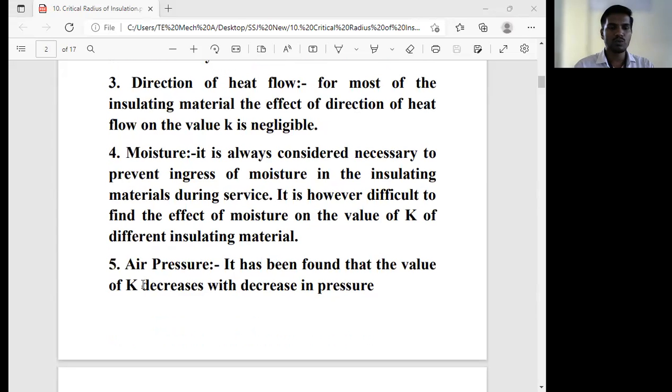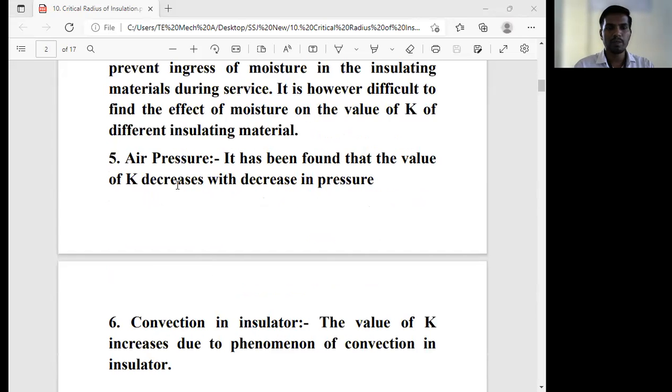And the last one is air pressure. It has been found that the value of K decreases with decrease in pressure. Means if pressure decreases, thermal conductivity also decreases. Then convection. In an insulator, the value of K increases due to the phenomenon of convection.